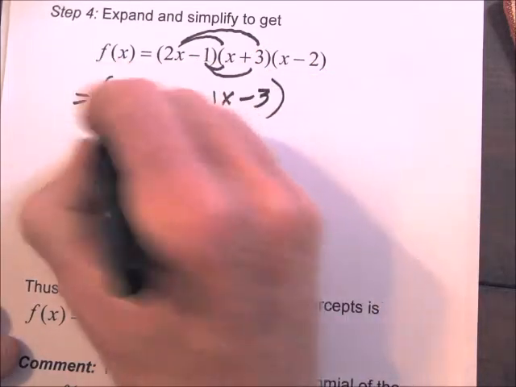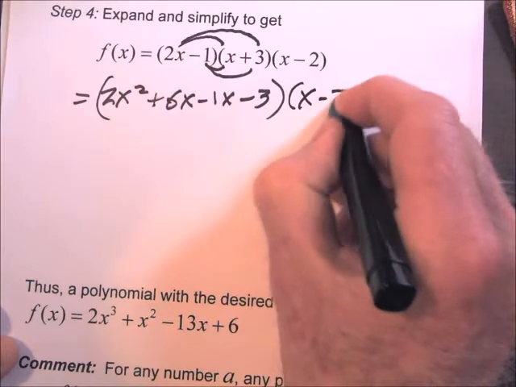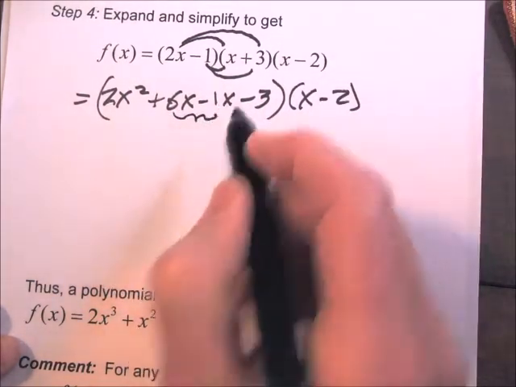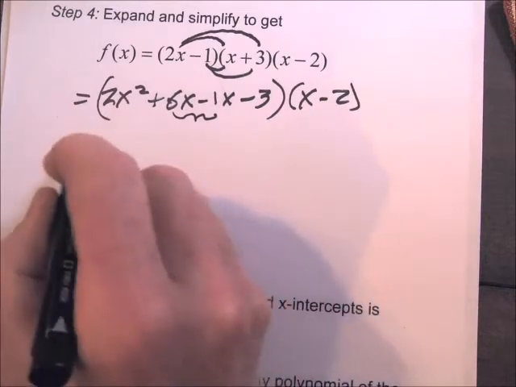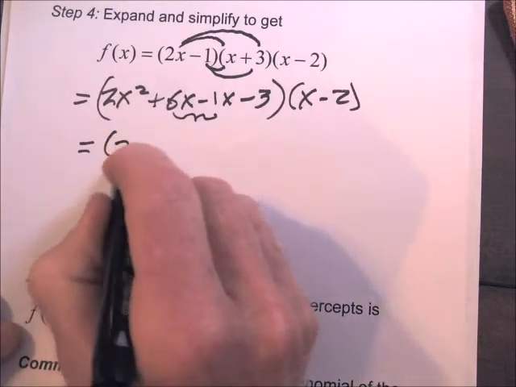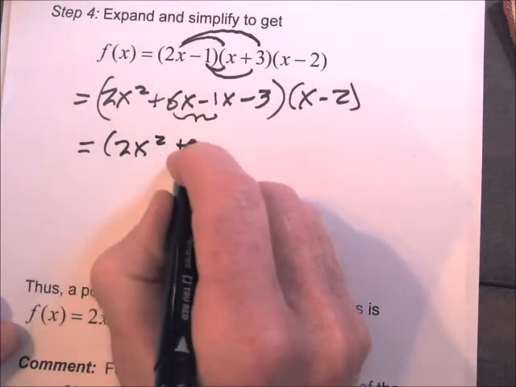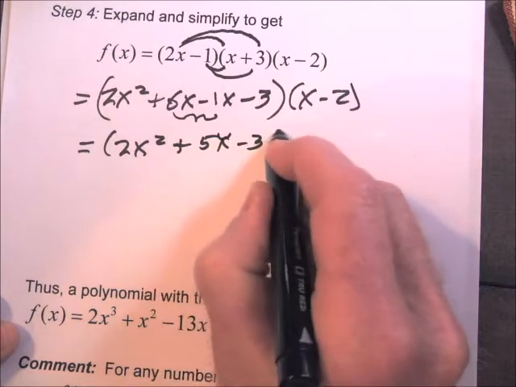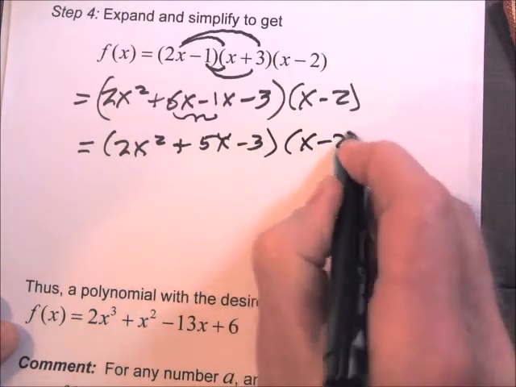Okay, so we can combine the two x terms. 6x minus 1x is 5x. So that's going to give us 2x squared plus 5x minus 3 times the quantity x minus 2.